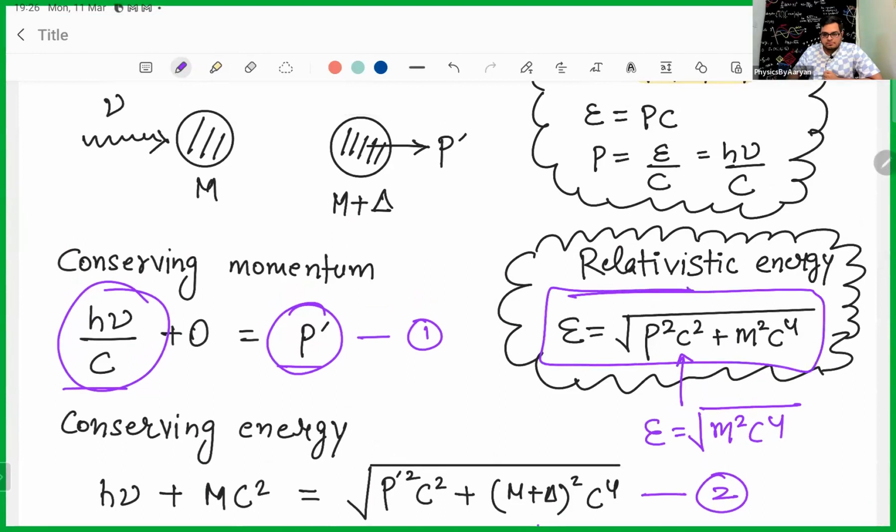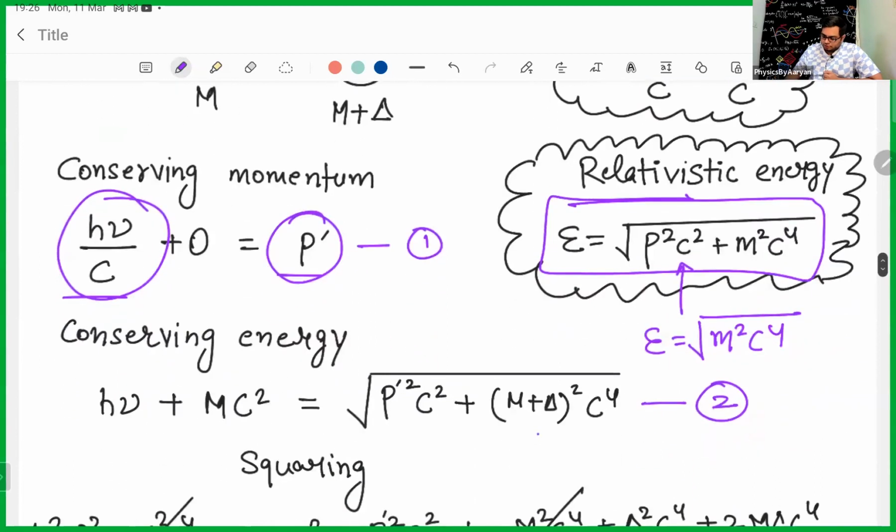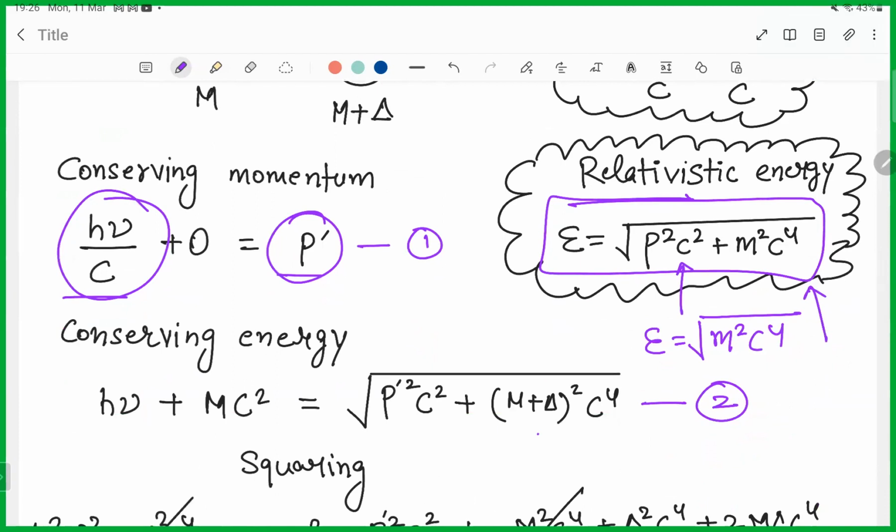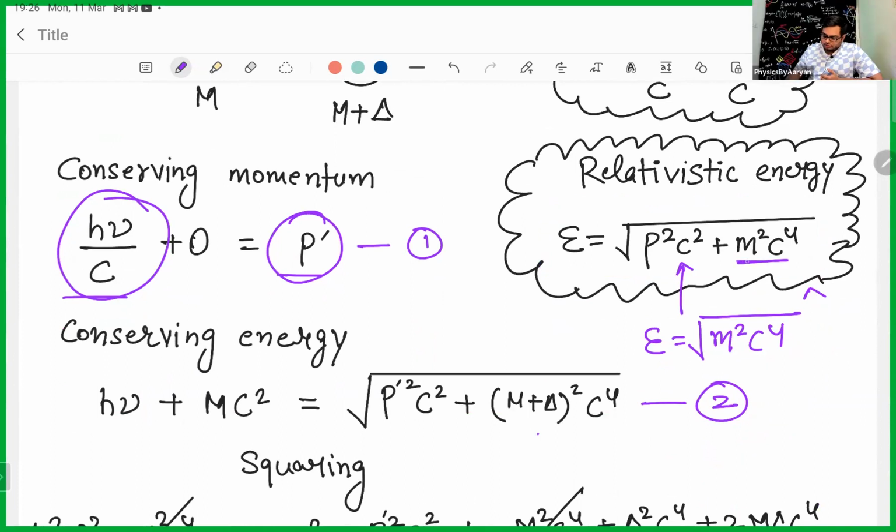This formula. Why? Let's say for a photon, what is the rest mass of the photon? 0. Yes, the rest mass of a photon is 0. So if I put the rest mass of the photon as 0 here, what will I get? Under root of p square c square, which is basically simply pc, right?